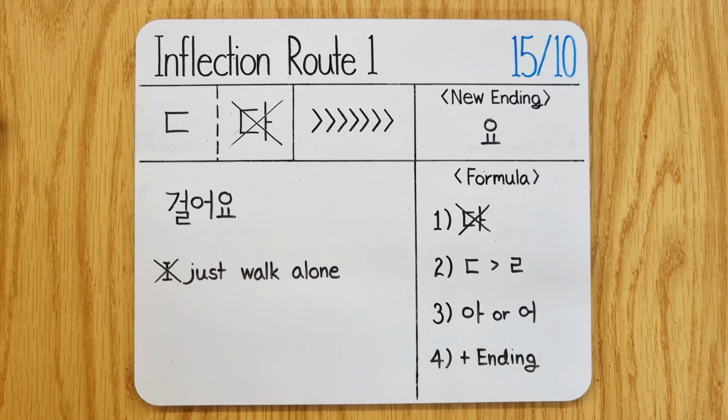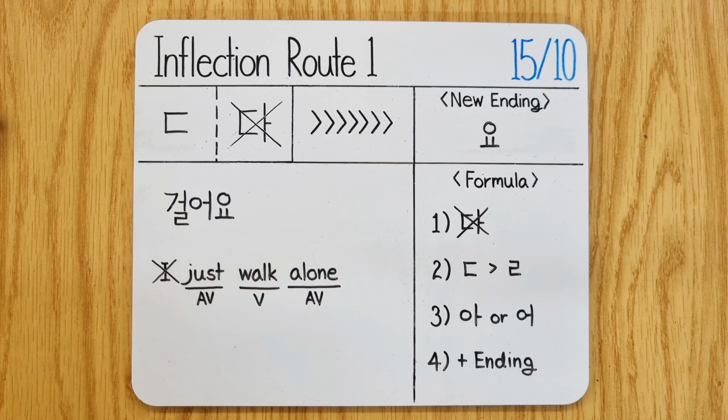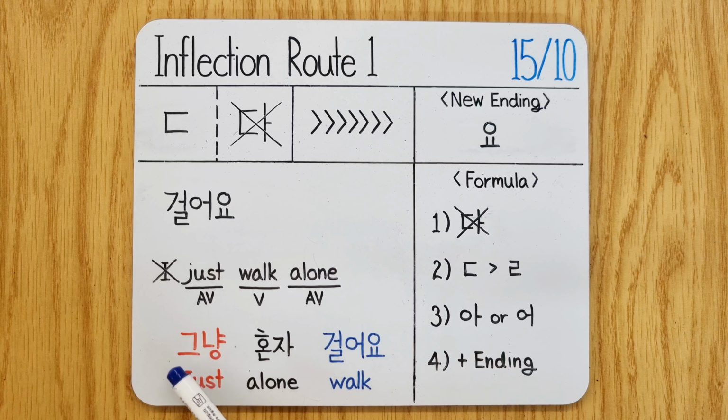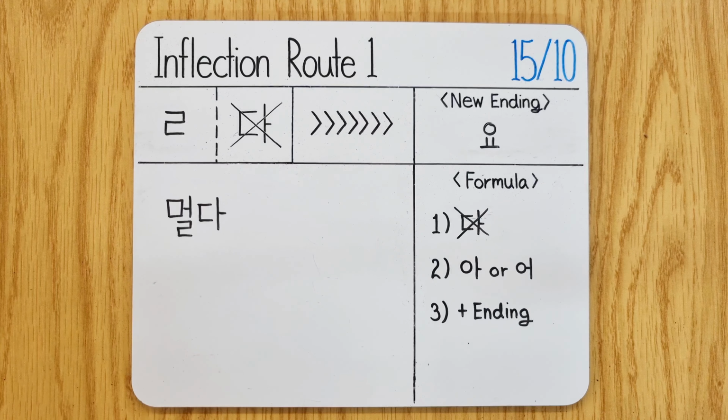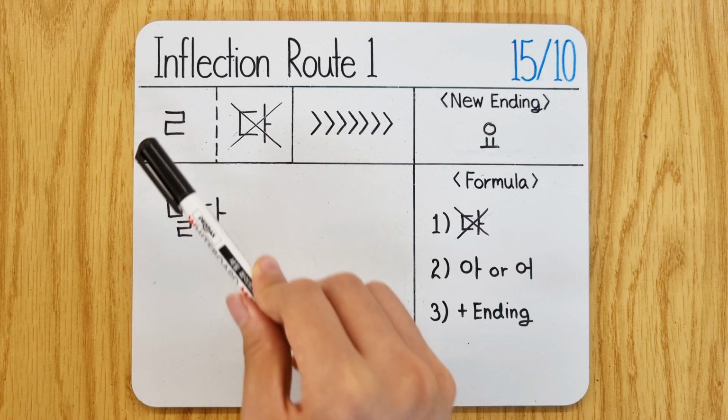You asked me what I do when I need to clear my head, so of course, I'm talking about I. Therefore, the Korean sentence will look like 그냥 혼자 걸어요. Just walk alone.